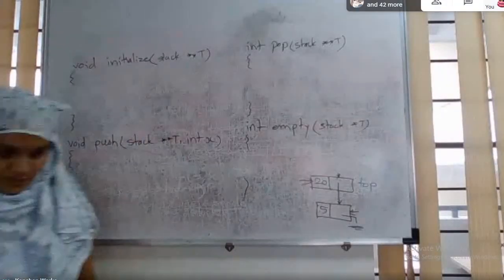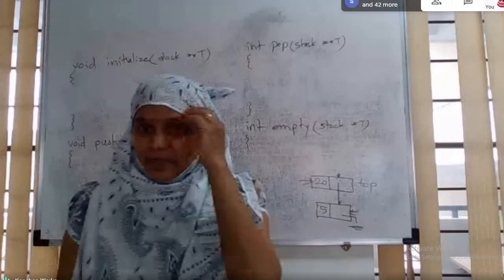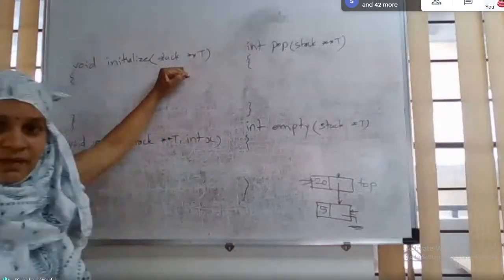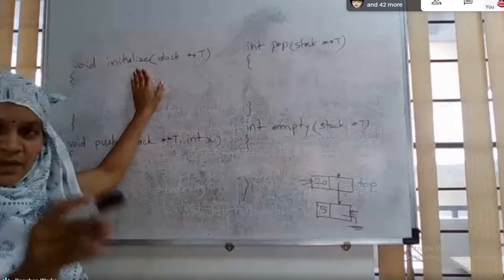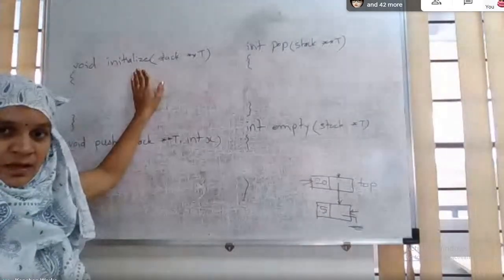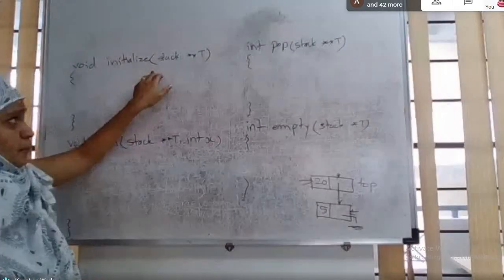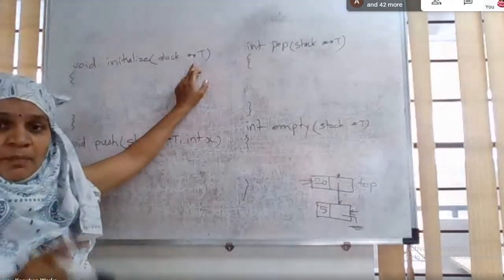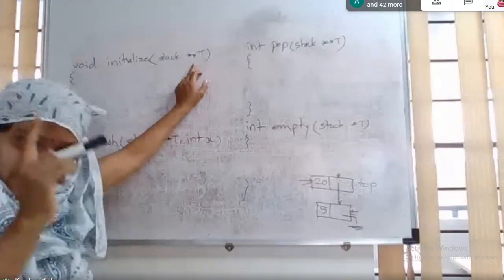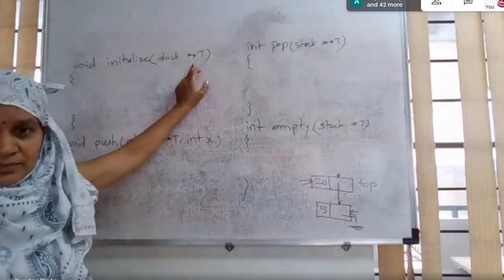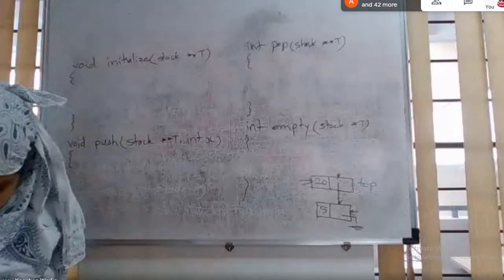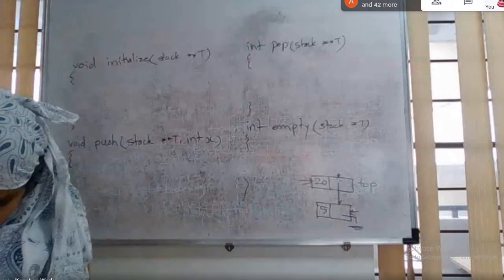Why this? Double pointer means whenever I call this function in my program, at that time I will pass the parameter as an address, not a pointer. Yes? Just a minute.